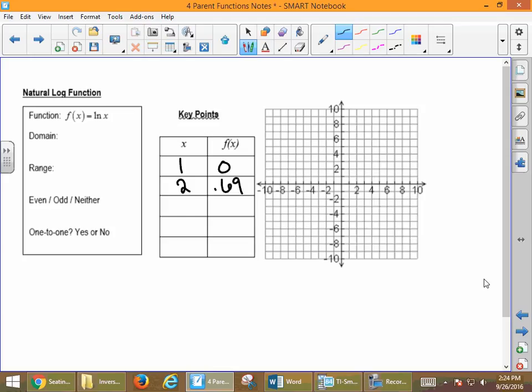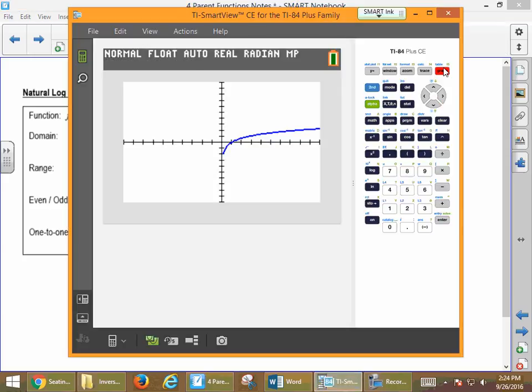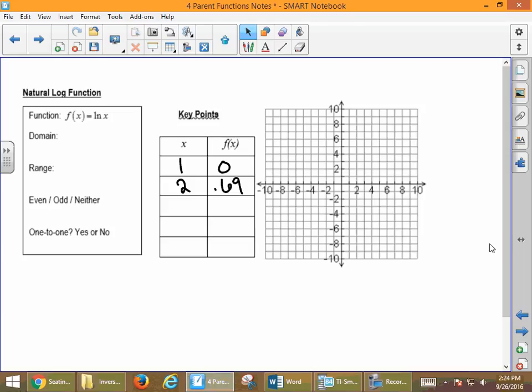Again, when we go back and look at the picture, just to help us draw the picture, remember that the calculator has a limitation in terms of pixels. But we've got 1, 0, and we've got 2, 0.69. Looks something like that.